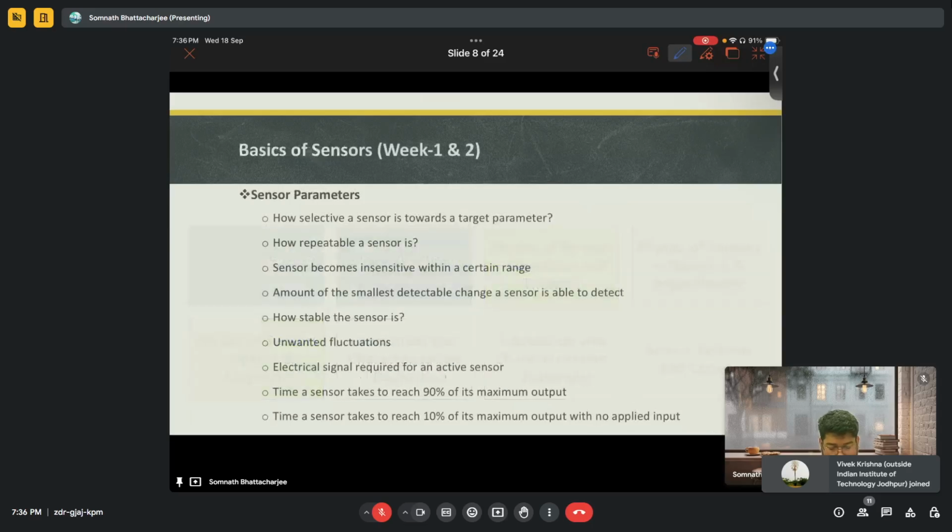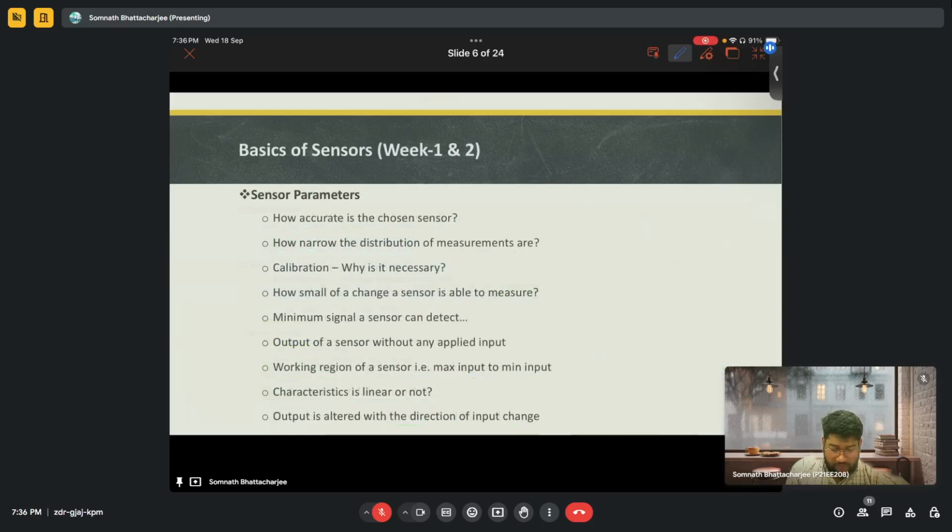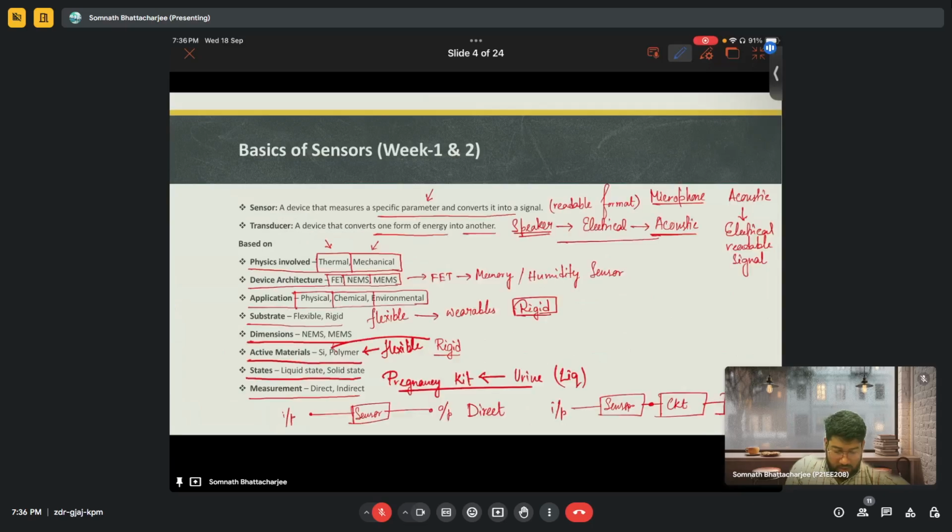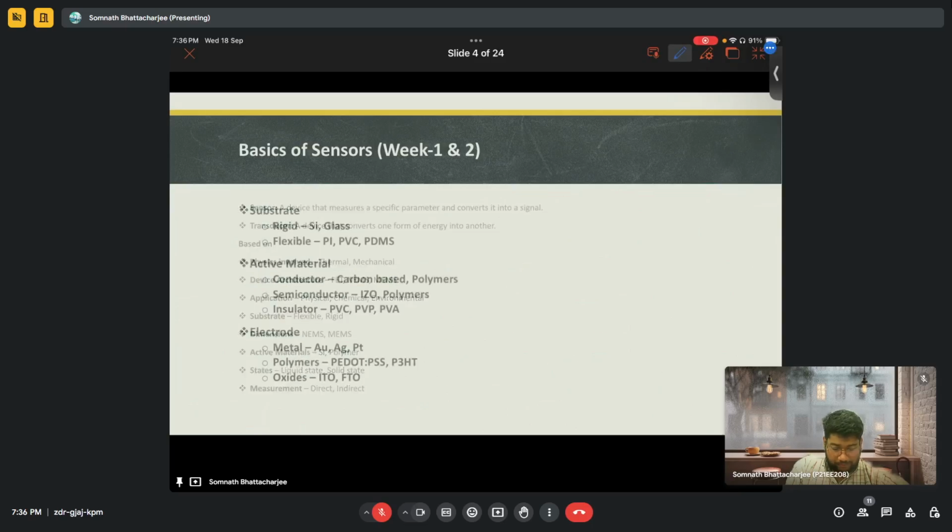So this is everything from the first fractal. I'll just repeat again. I have already told you what a sensor is, what a transducer is, and the difference among them. Based on different phenomena, like the physics involved and device architectures, we can classify these sensors into different parts, and this classification is overlapping in nature, right?